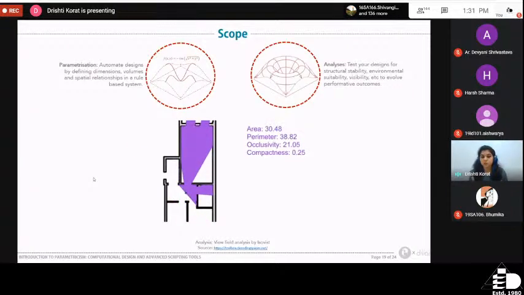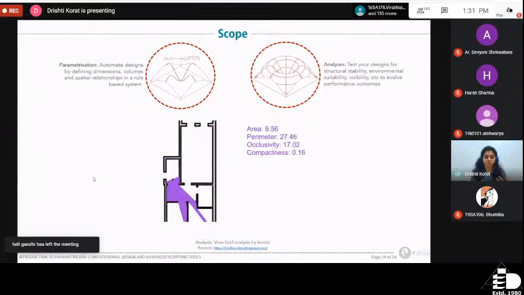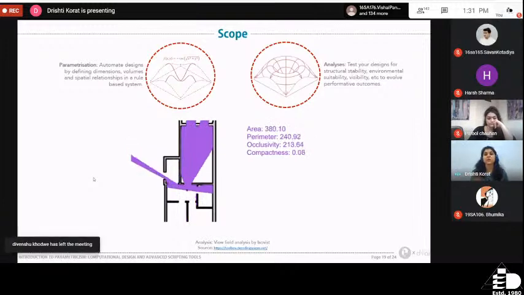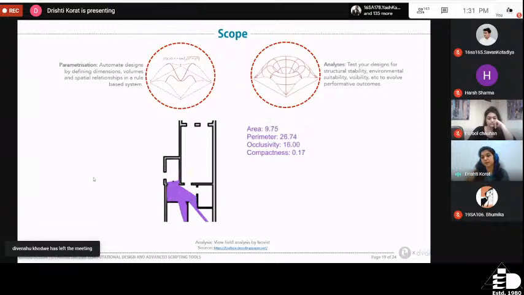On the other hand, it can also help you analyze your designs. By analysis, I mean, for example, structure stability. So you've designed, for example, this entire curvilinear kind of structure, but you also need to know if that is going to stand. So you need to know how to test its stability. These softwares or tools also help you evaluate if it will take the load, if it will bend at certain positions. It can also help you evaluate if they're environmentally suitable.